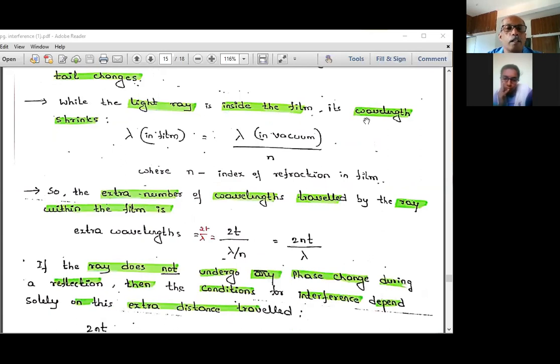for the light ray inside the film, the wavelength changes: lambda within the film is equal to lambda outside the film divided by n. Or n into lambda within the film will be equal to 1 into lambda in air.